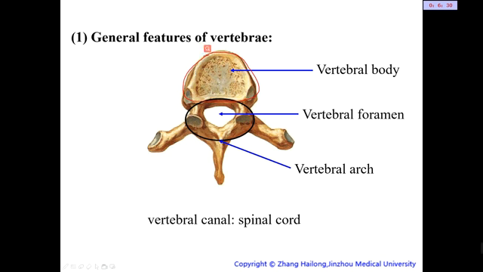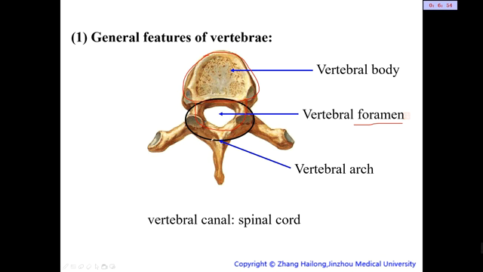Okay. And on the back, there is an arch. Here, it's an arch. The semicircle is the arch, the vertebral arch. And between the body and the arch, there is a hole, or foramen. This one is the vertebral foramen.